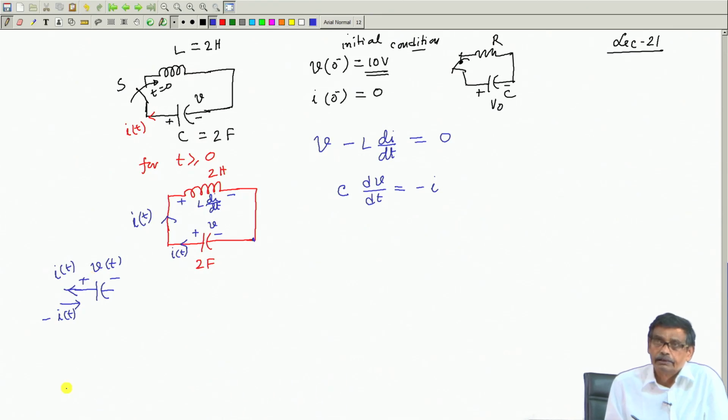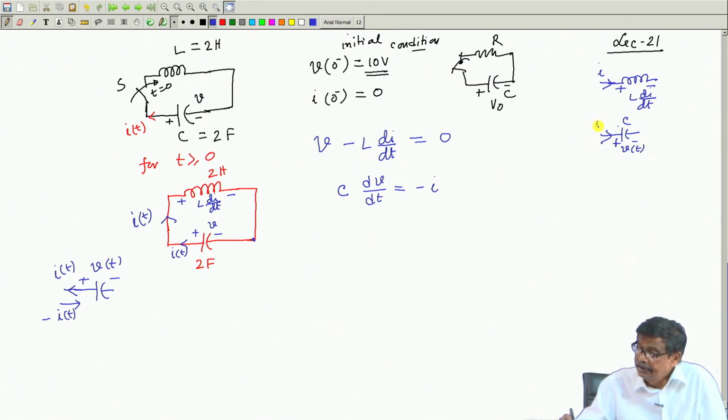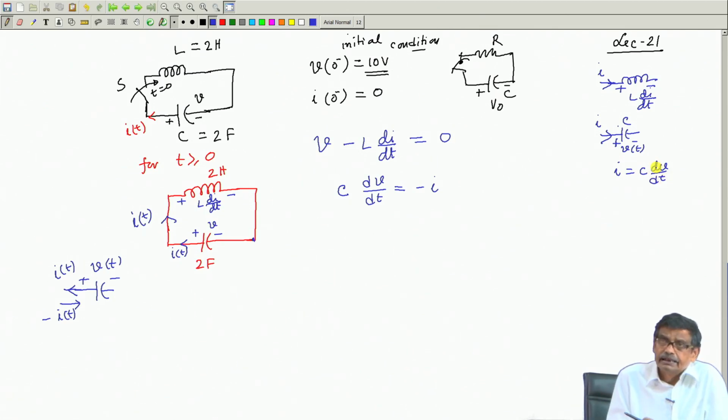This point is crucial, students often make a mistake here, because you must always remember, if you have assumed current this way, the voltage across the inductor is L dI/dt. If it is a capacitor, and current enters through this terminal, where I have also assumed the voltage polarity like this, then I will say I is equal to C dV/dt. But here I have assumed I(t) like that.